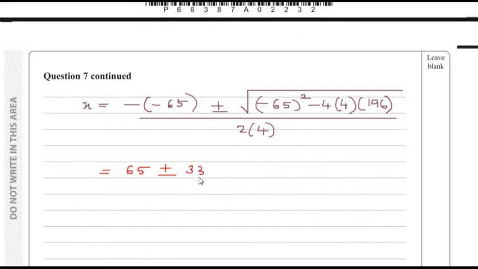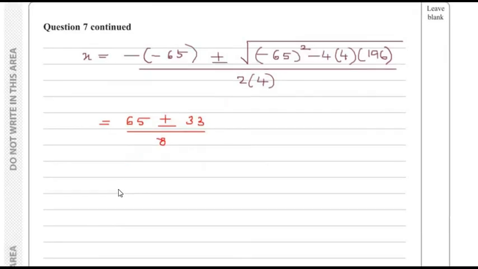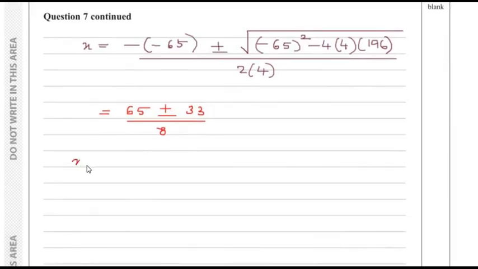So it reduces as 33 over 2 times 4 is 8. So we have two values of x now, x equal to 65 plus 33 over 8, and another x value is 65 minus 33 over 8.